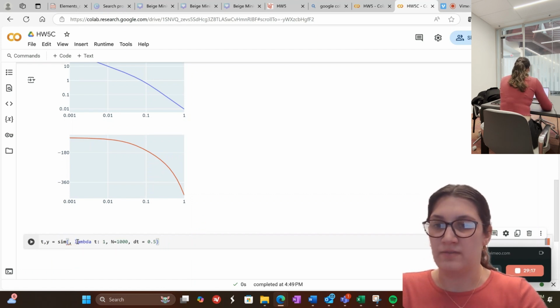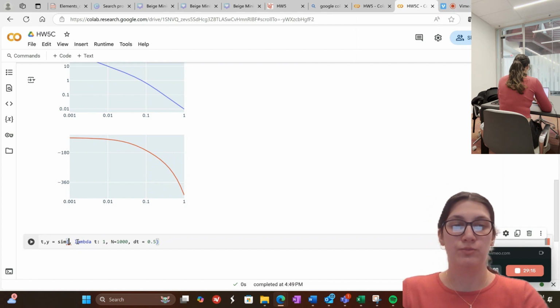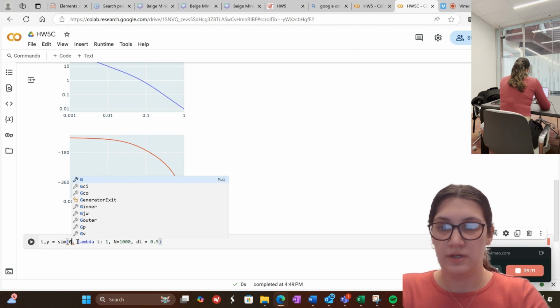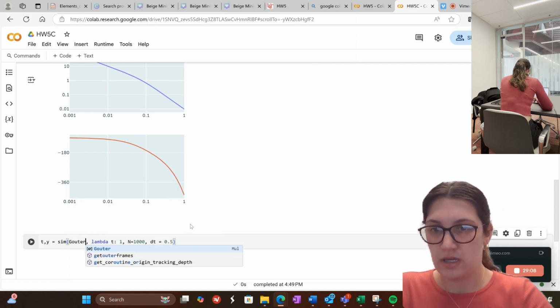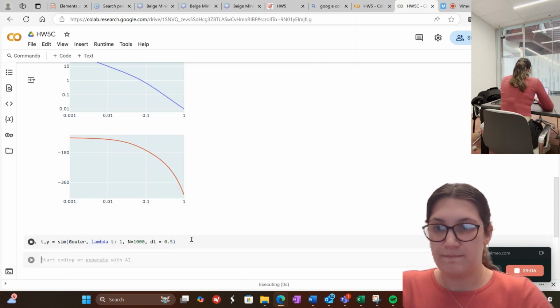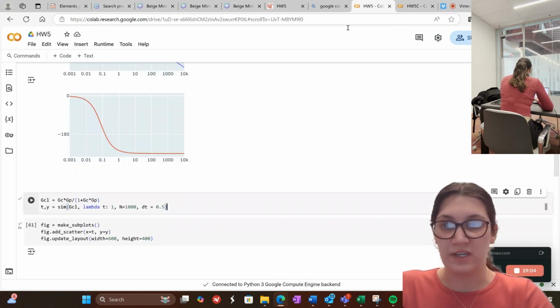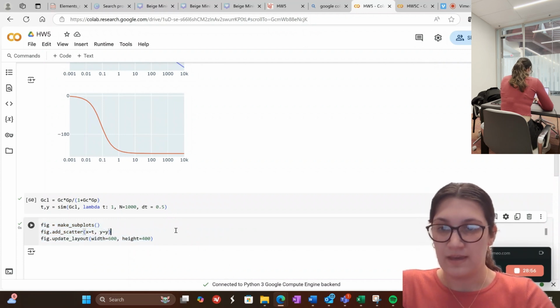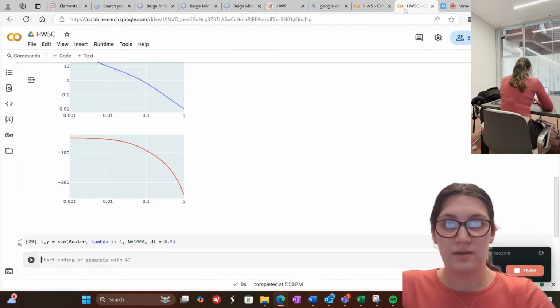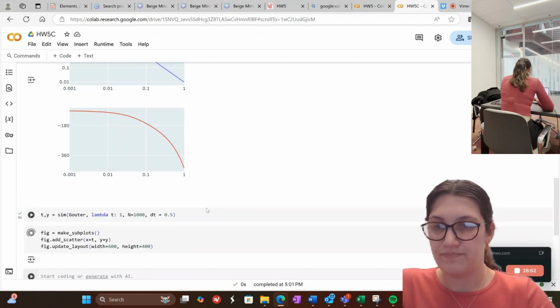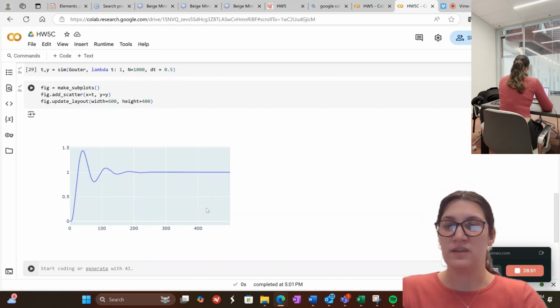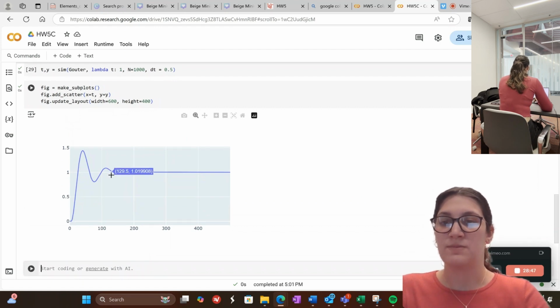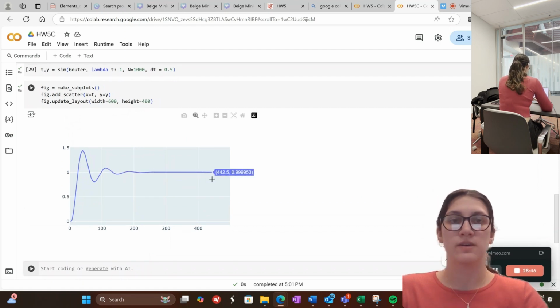Instead of GCL this time, our closed loop response is really just that whole outer loop, so G outer. And then to graph it, we can again just take what we'd already written in Part B and put it over here. And here we can see our response, where we can see the step change and then the system stabilize.